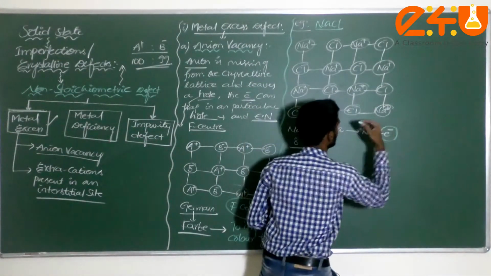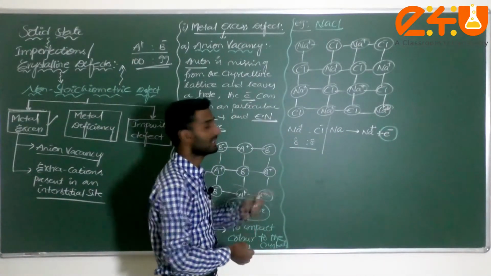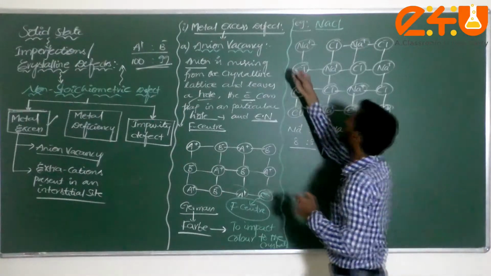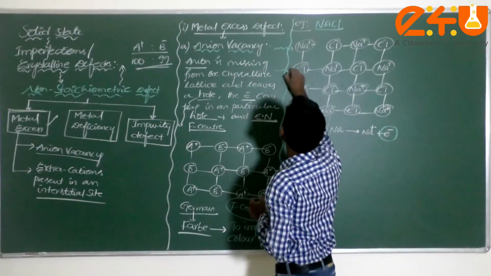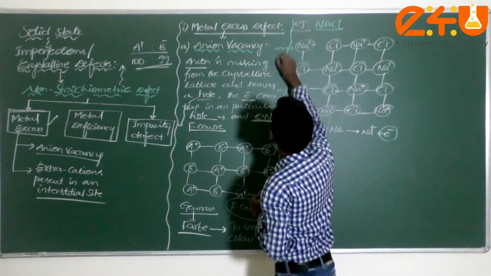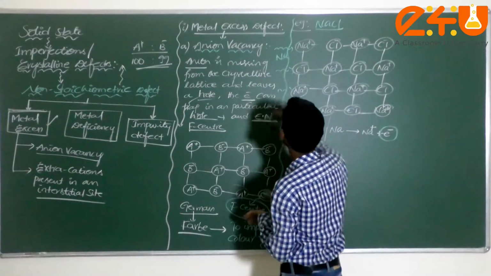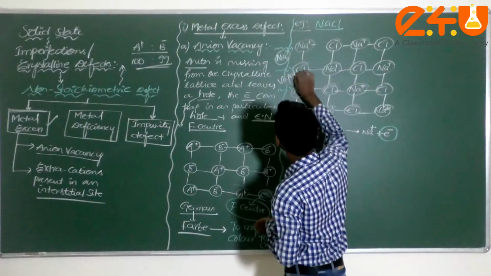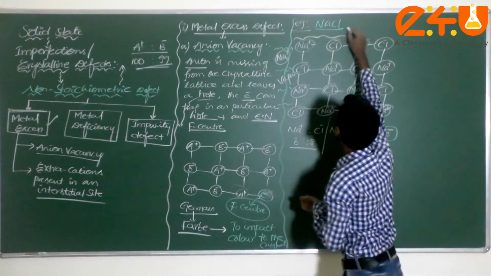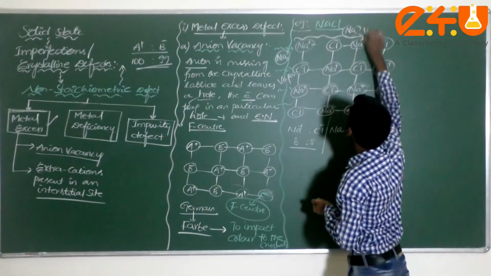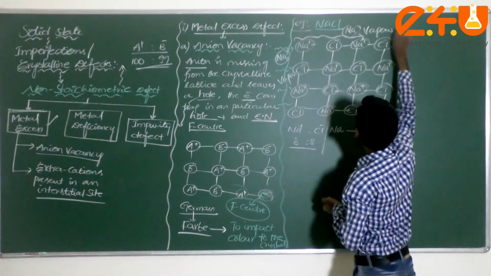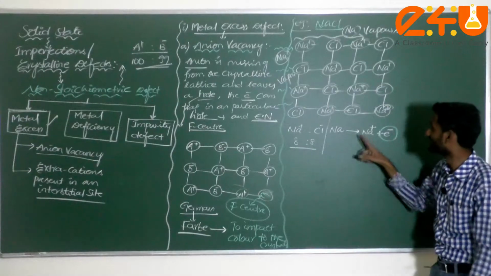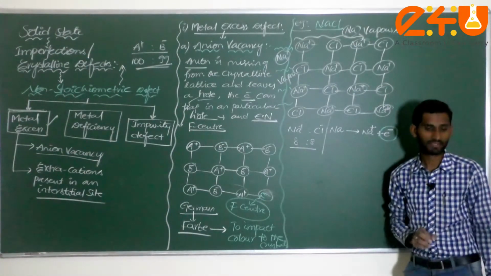In this NaCl crystalline lattice, if you pass some sodium vapors, I am passing sodium vapors into the crystalline lattice here. Then what will happen? Na ionizes, Na plus and e minus, am I correct or not?